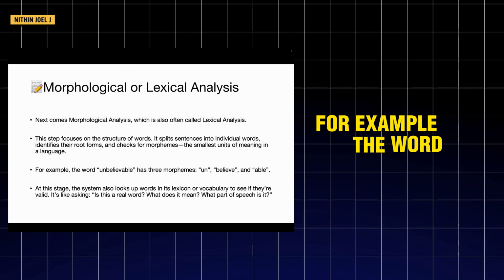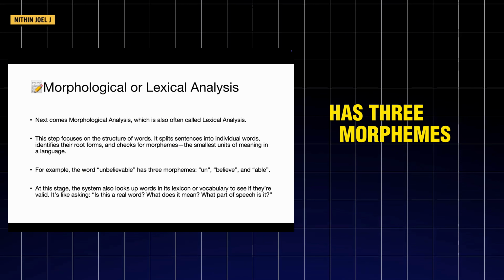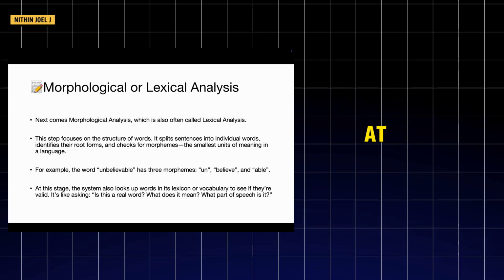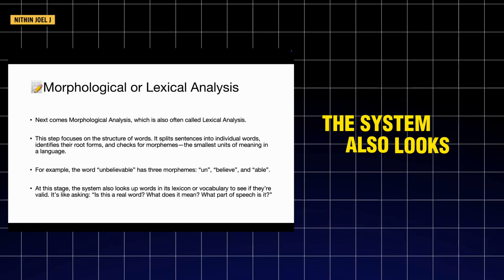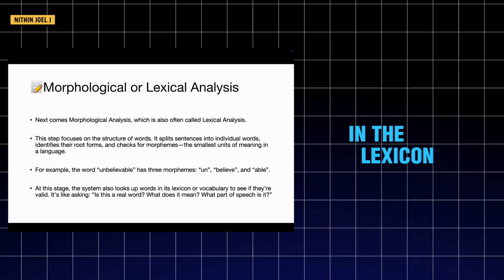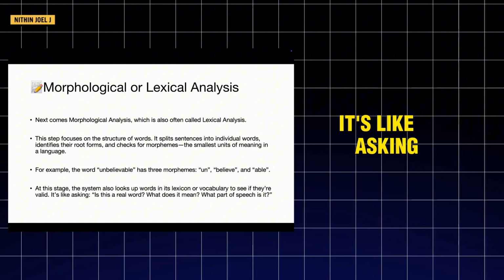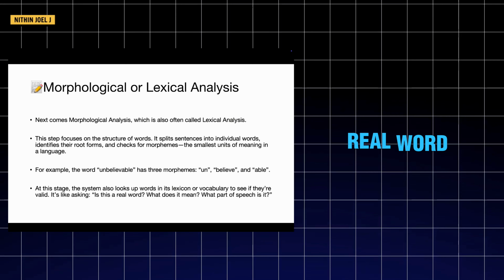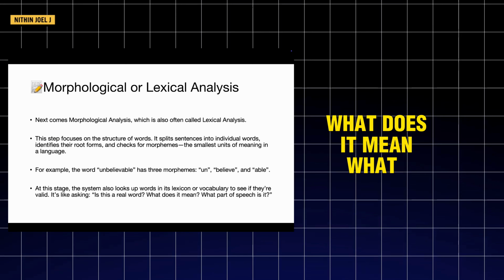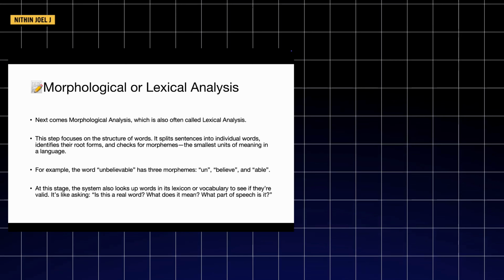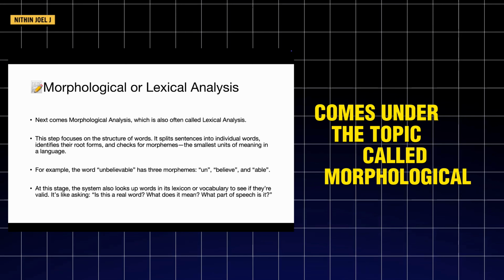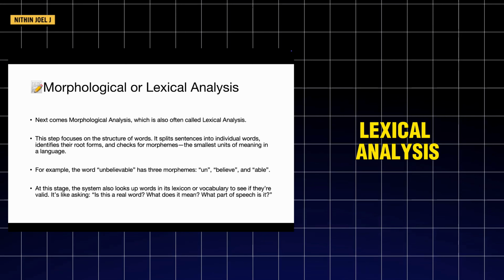For example, the word unbelievable has three morphemes, which are un, believe, and able. At this stage, the system also looks up words in the lexicon or vocabulary to see if they are valid. It's like asking, is this a real word? What does it mean? What part of speech is it? So these aspects come under the topic called morphological or lexical analysis.